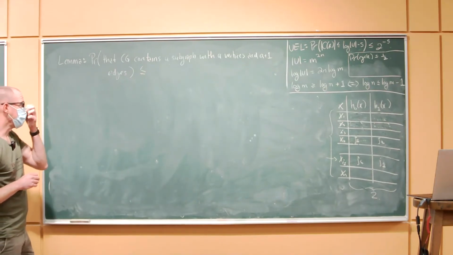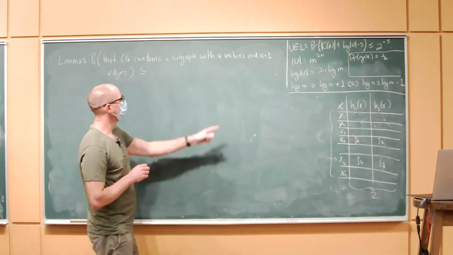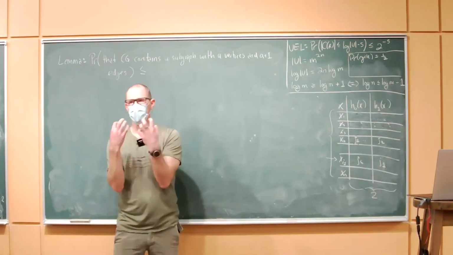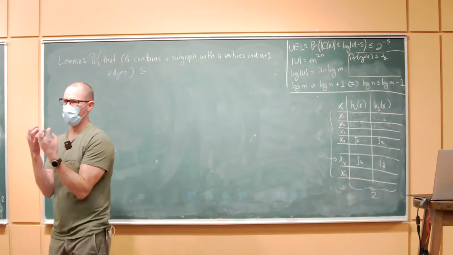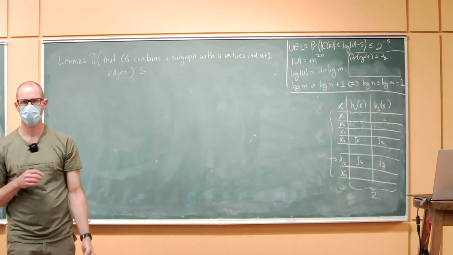So another way of saying that, what's the probability that I can find in my graph a set of A vertices with more than A edges between them?